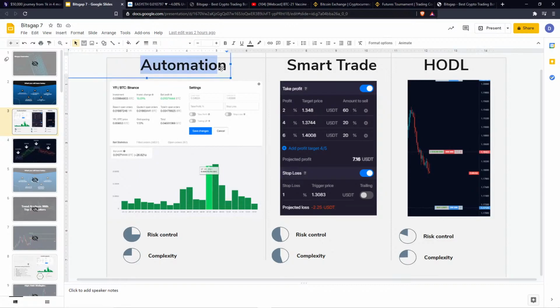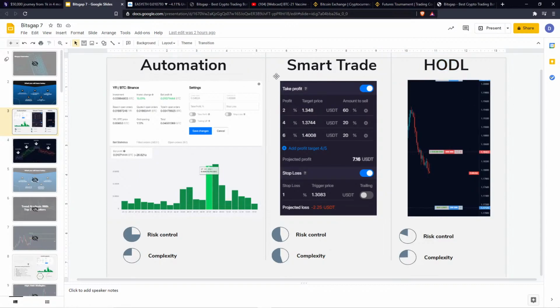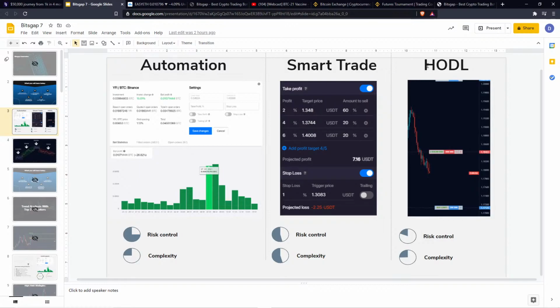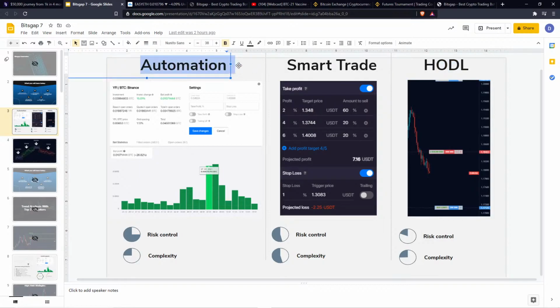From each of these strategies, you can learn something new about the market. That's why it makes sense to try all of them to find which one is the best for you, and then to find what allocation you can use to mix them. As the example I made, HODL 20%, automation 50%, and the rest goes to the smart trade. This is one of the possible diversifications that you can have on crypto using ultimate Bitsgap products.